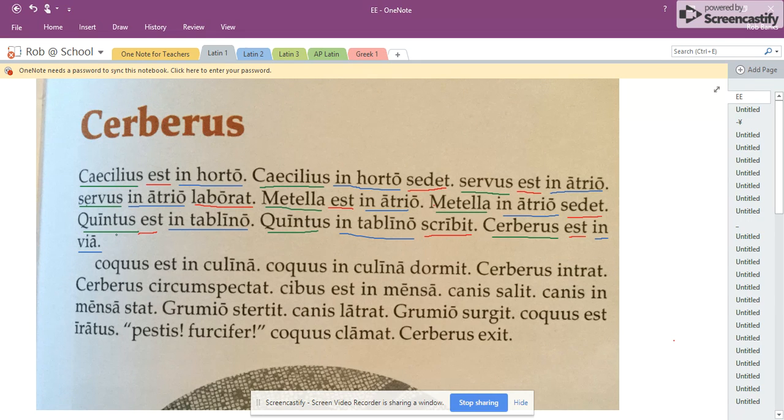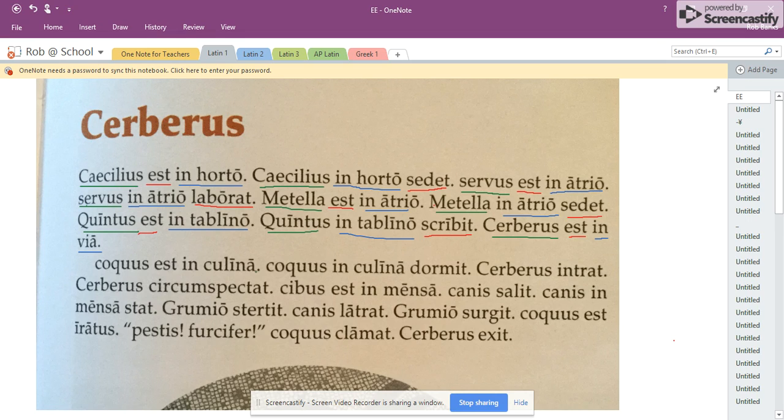Quintus est in tablino. Quintus is in the study. Quintus in tablino scribit. You get the pattern now. Quintus writes in the study. Cerberus est in via. Cerberus is in the streets. All right. So Cocus est in colina in the second paragraph. Cocus, of course, means cook.